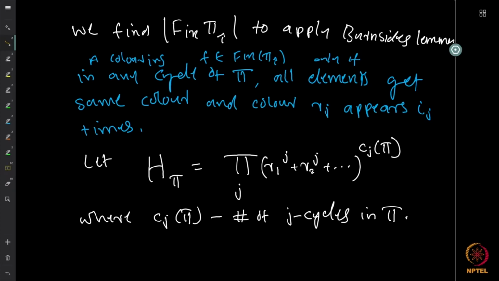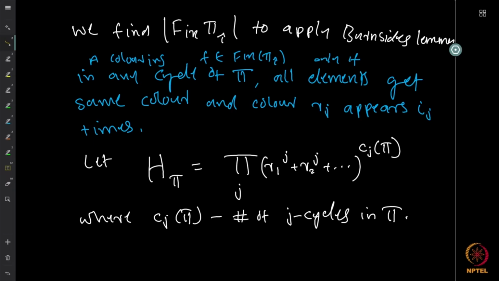So if you look at any coloring, then this coloring is fixed by pi i cap only if the cycle structure of pi is such that, in any cycle of pi, all the elements get the same color by this coloring f, right? So all elements of a particular cycle of pi should be given the same color by f.